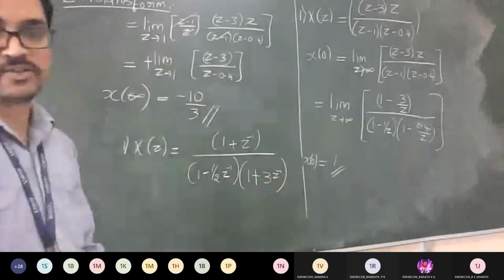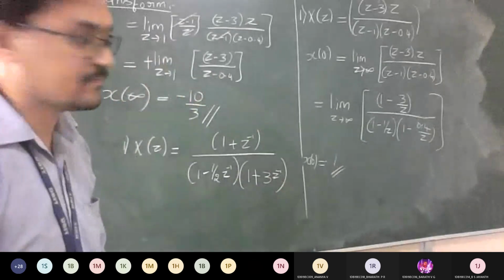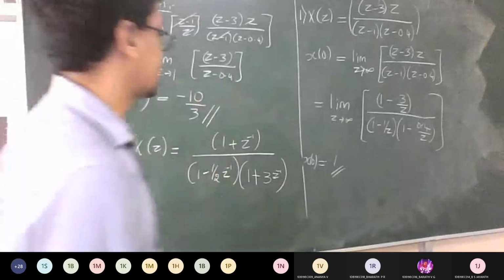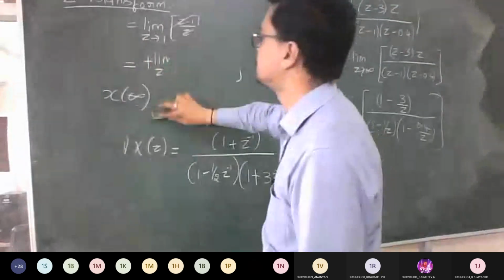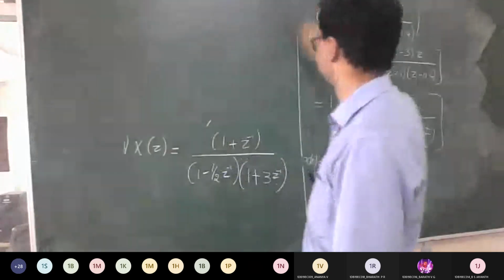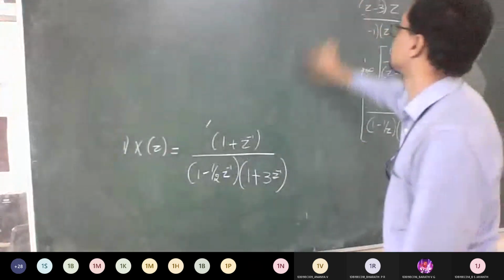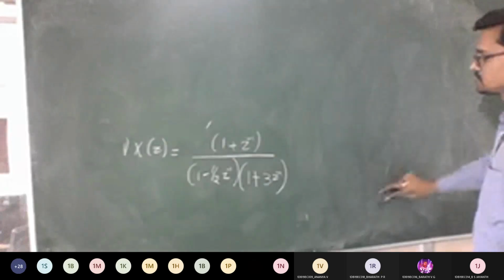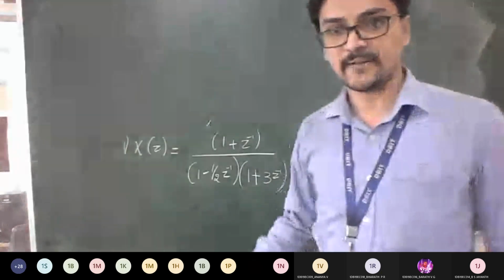Is it visible? I want you to solve this problem the same way. Find the initial value and final value theorem and check what the answer is. Just make a note of the question. Written here, everyone?